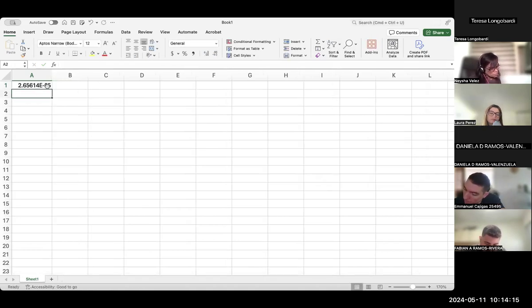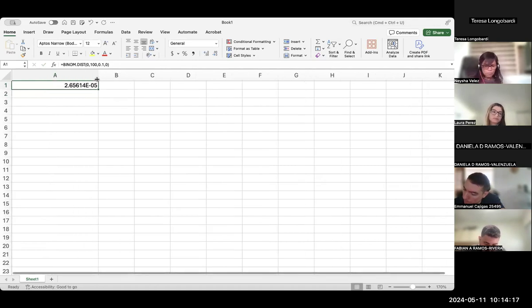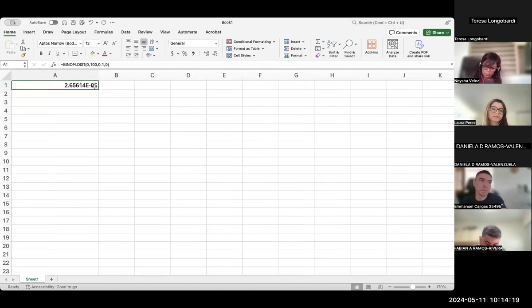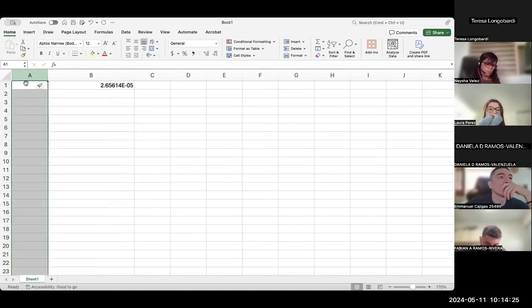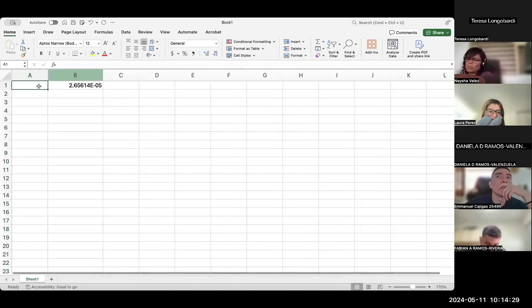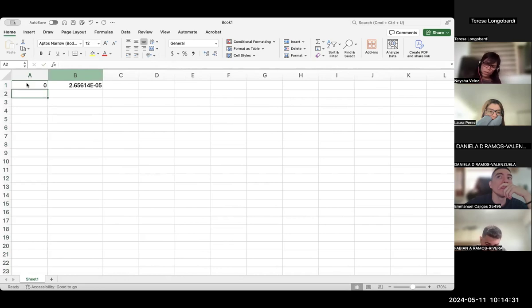All right, so this is a very small number. Let me show you. If I do it like this, I'm going to put the values of the binomial. It always starts with 0: 0, 1, 2, 3.